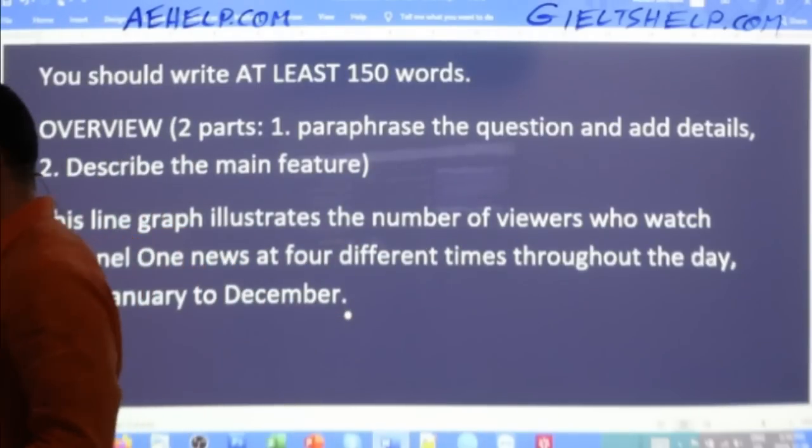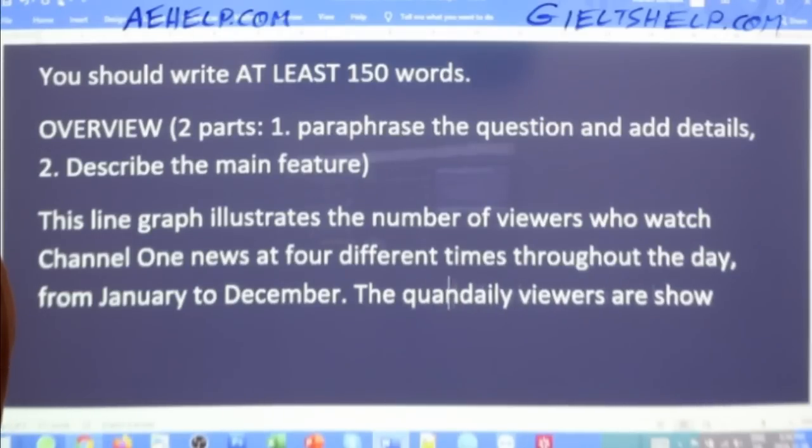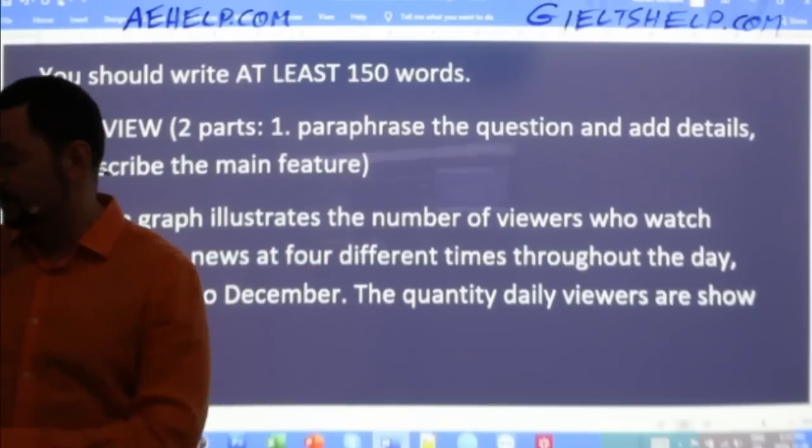And then I can write a little bit more, so I can say the daily viewers are the number of daily viewers, or the quantity, since I've already used the word number up here. I want to avoid repetition.